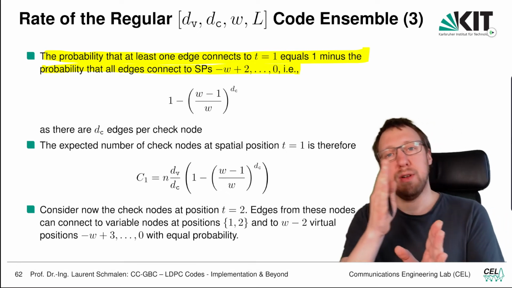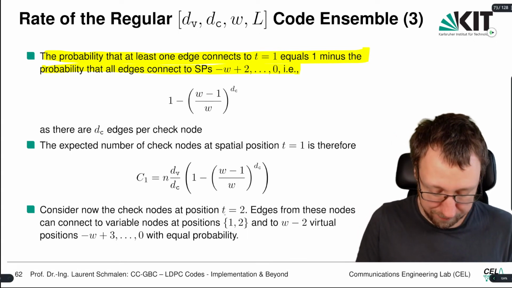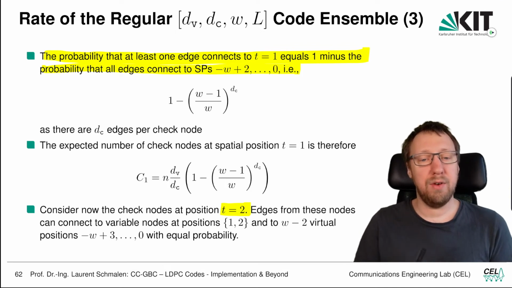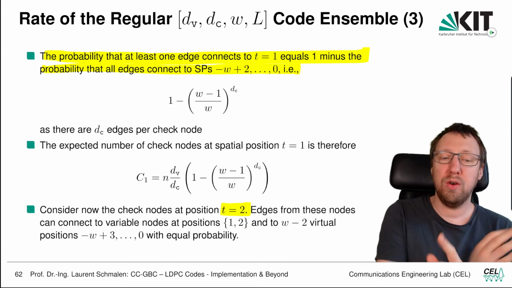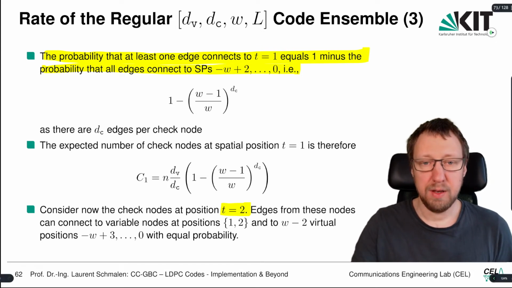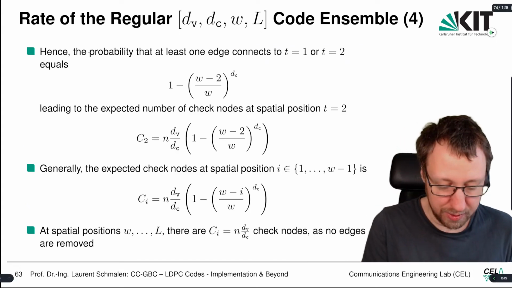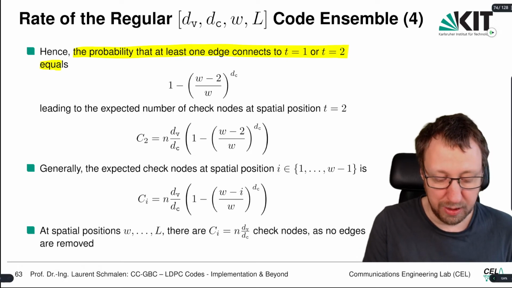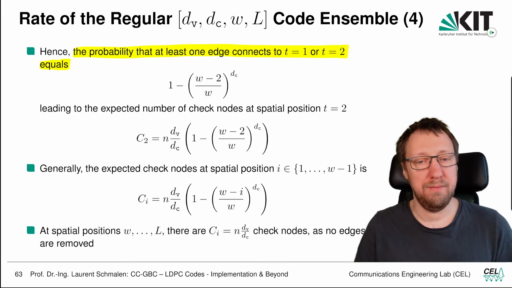Now we move to t equals 2. When t equals 2, the situation is very similar. Edges from t equals 2 can connect to either positions 1, 2, or 1 out of w minus 2 virtual positions with equal probability. So the probability that at least one edge connects to t equals 1 or t equals 2 is 1 minus w minus 2 over w to the power dc.